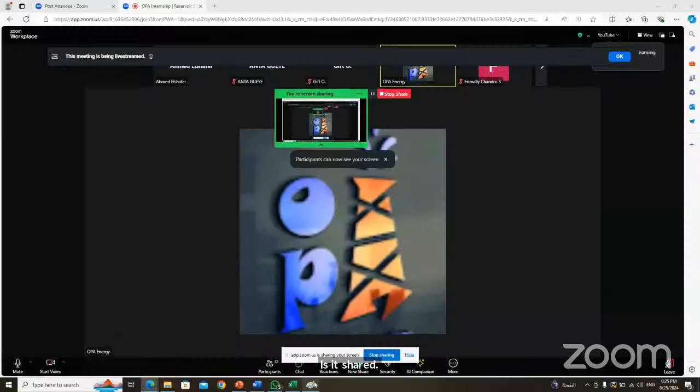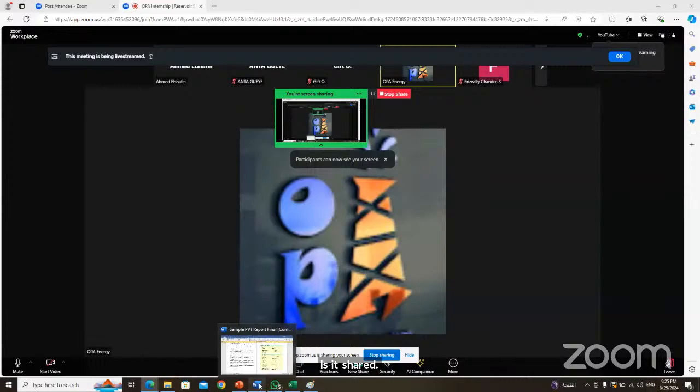Is it shared now? No, we can't see it. Wait one minute, please. Entire screen, share. Is it shared? I think it's bugged. Yeah, it's loading. We can see it now.